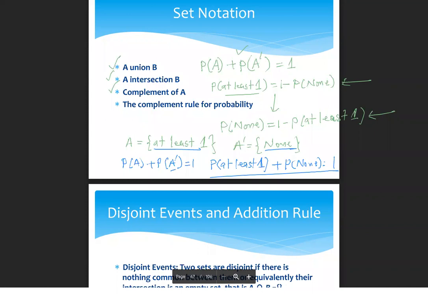Because at least one and none, they are complement of each other. That's why using the complement rule, you can go ahead and find at least one of something or none of something. So that is what the complement rule is. Next, anything on this topic, anybody?